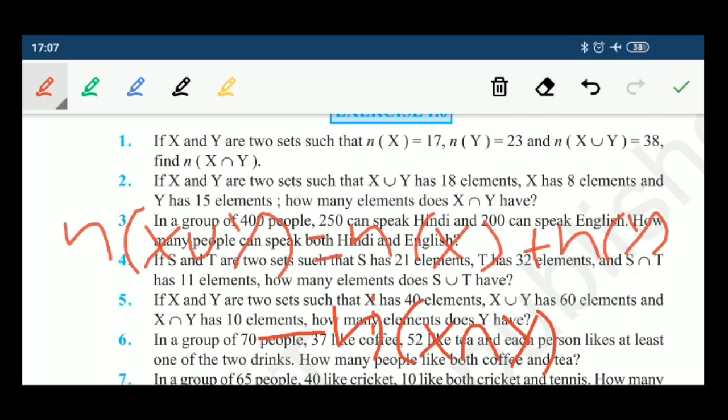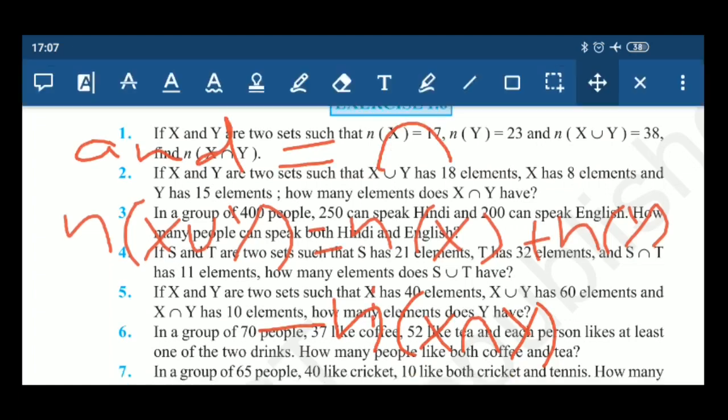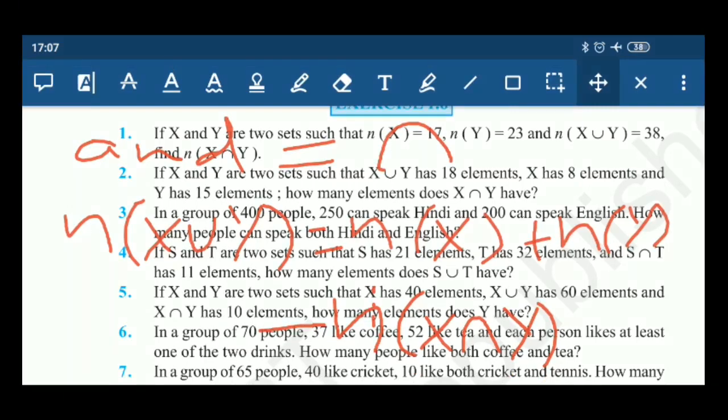Remember, "and" is equal to intersection. So remember students, don't forget this: "and" or intersection have the same meaning.